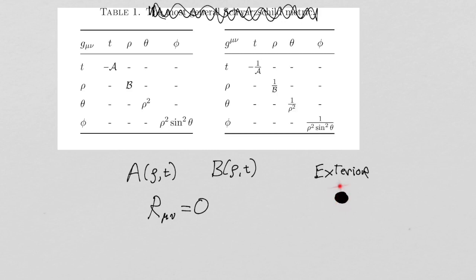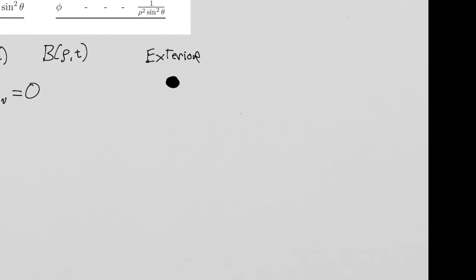Now, this point is where we're going to start. We're actually going to start with this conversation about the exterior because ultimately these are differential equations, so we need boundary conditions. So one of the boundary conditions for this is going to be that way far away from this mass, we expect space out here to be flat, right?